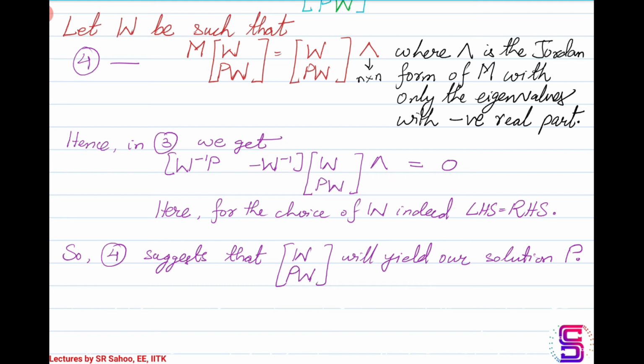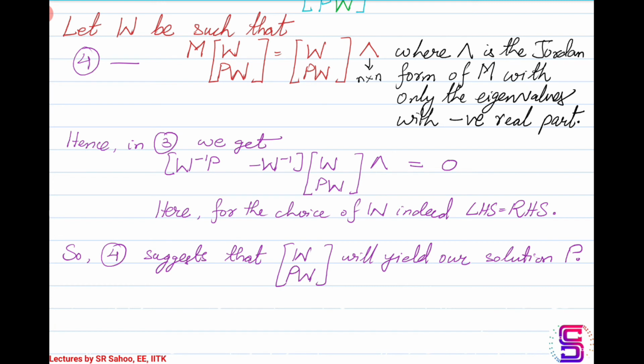Here lambda consists of eigenvalues with a negative real part, which are eigenvalues of M. So W and PW, the matrix that you see here, has its columns formed by the eigenvectors, OEVs or GVs or both, corresponding to the eigenvalues in the capital lambda, which are also a part of the matrix M.